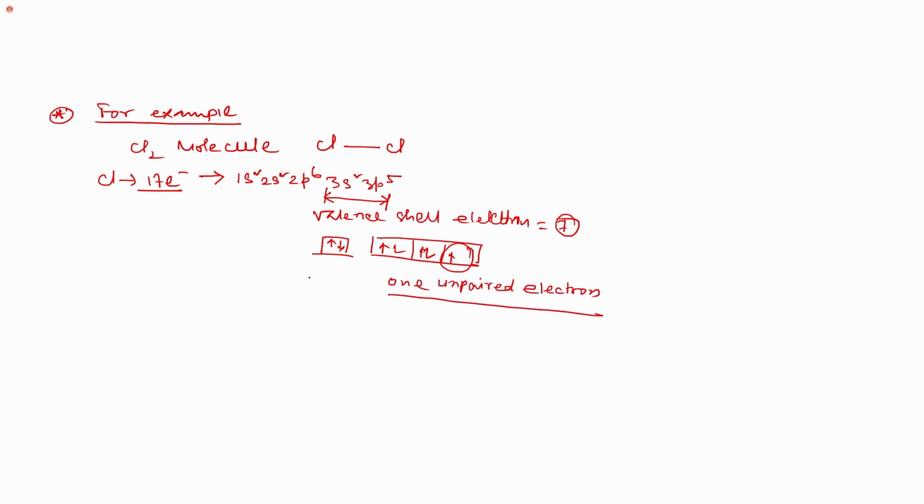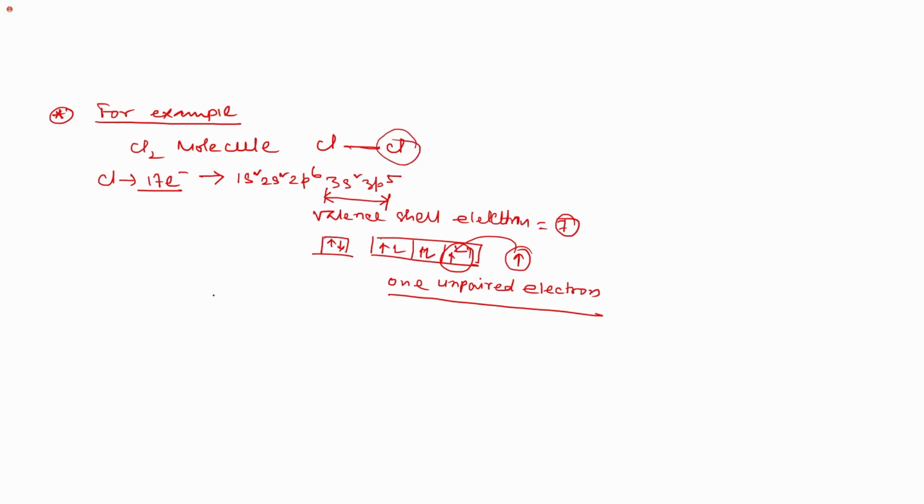If anyhow it gets one more electron from another source, it can get the octet, the noble gas electronic configuration. To follow the octet rule, that is why it makes a covalent bond with another Cl.